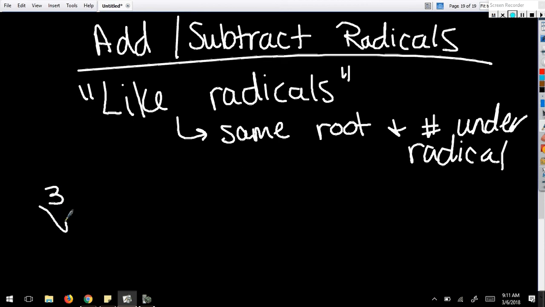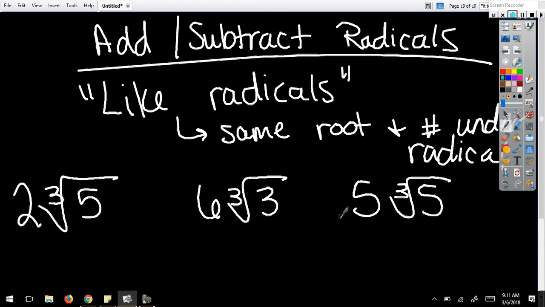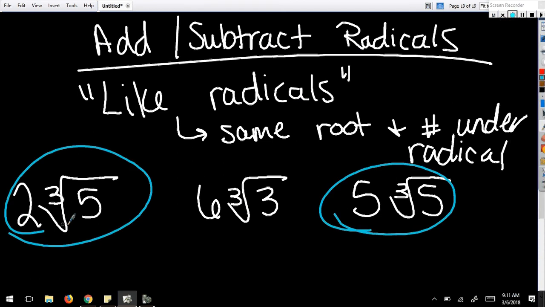For instance, two of these are like radicals. Well, yeah, the 2 in the front. The ones on the end, right? Do you see why? They're the same. They have the same root.